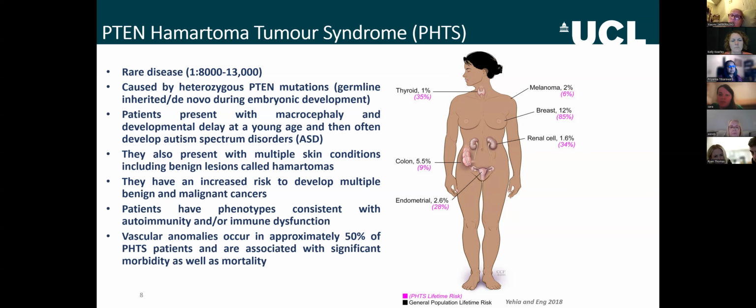Even with autism, we know certain genes are associated, but we are still trying to understand exactly how they cause ASD or learning difficulties. One hypothesis is that it causes enlargement of certain regions of the brain, which makes it slower or more difficult for messages to pass from one part to another, and therefore causes that delay.